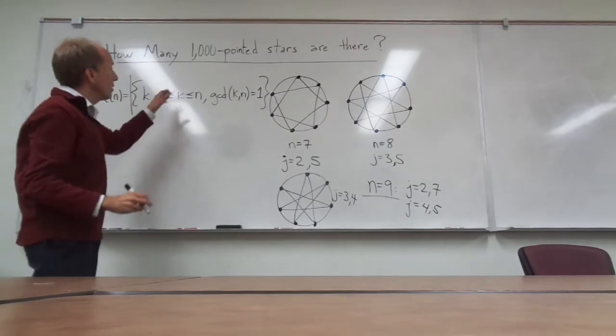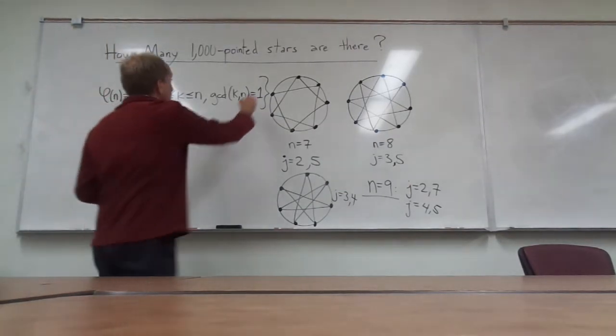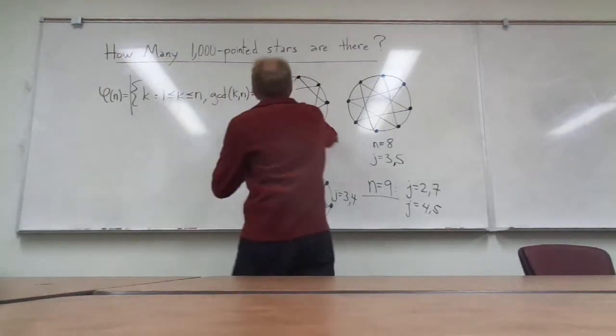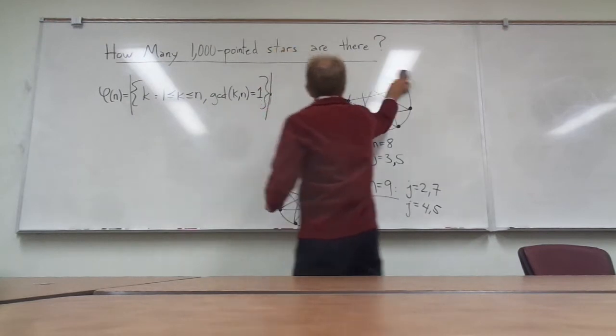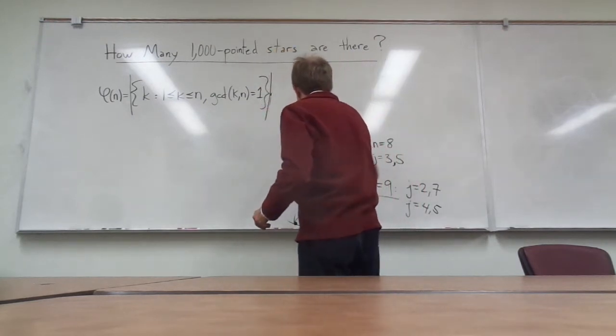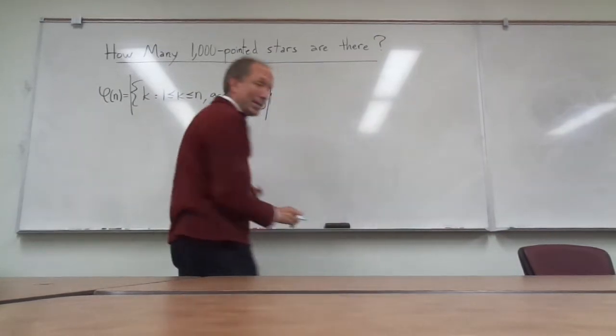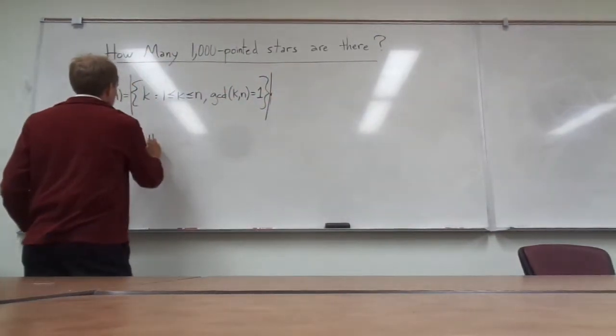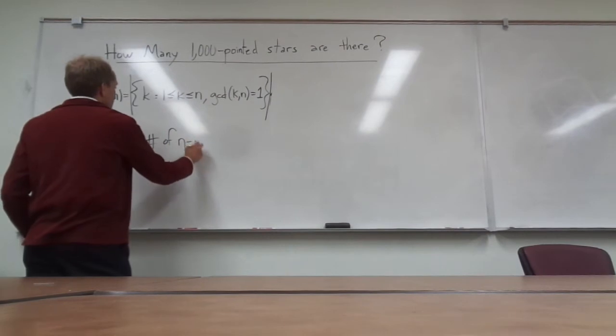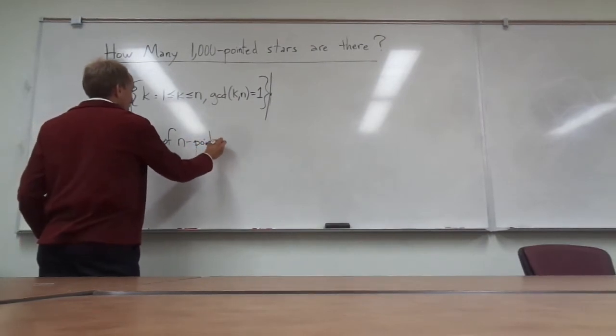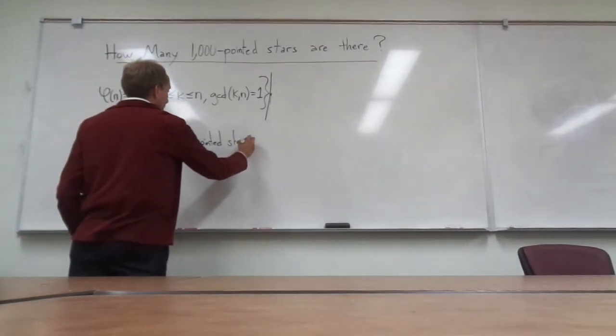And this is the set whose size we're looking at. Okay. So what we're going to do is find the size of that set. So the number of n pointed stars. Here's the answer, guys.